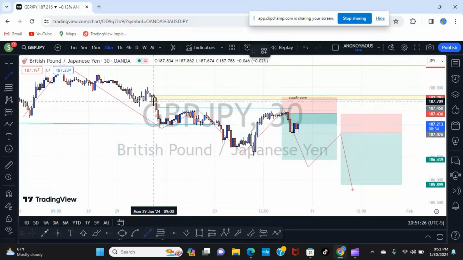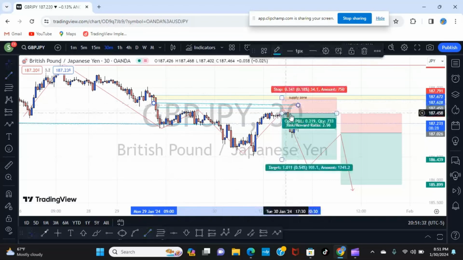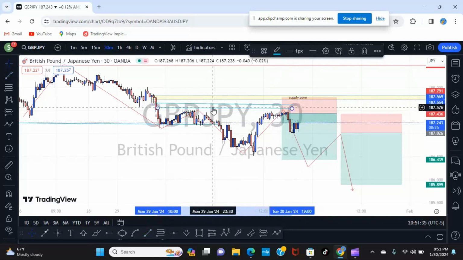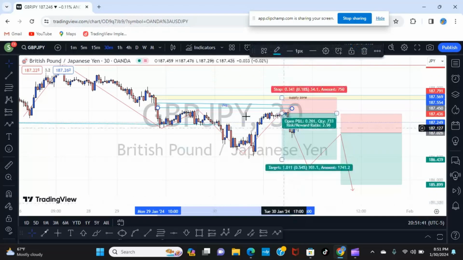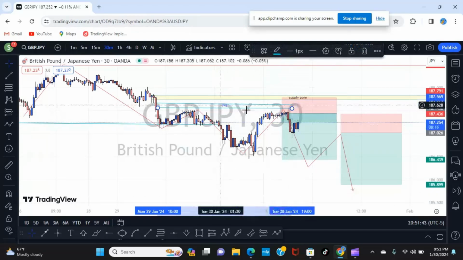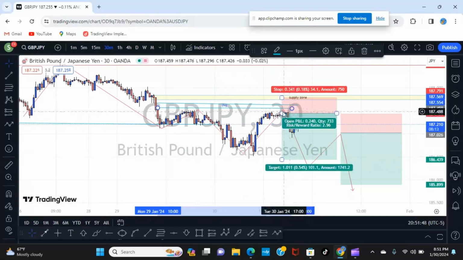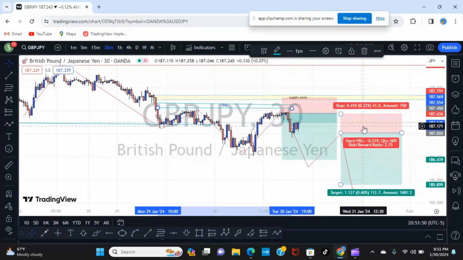So right here is gonna be the fair value gap between these two candles. There's a fair value gap. Yeah, here is the fair value gap. So the market reacted off of the fair value gap and sold off.